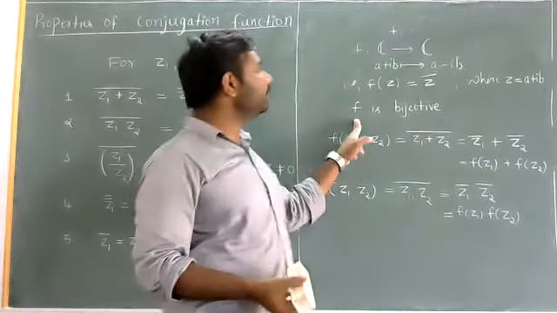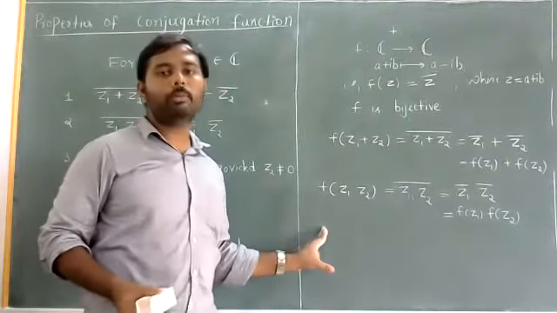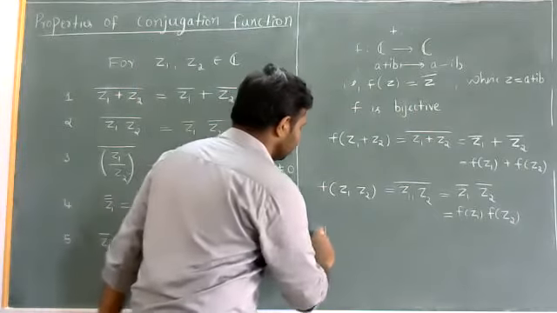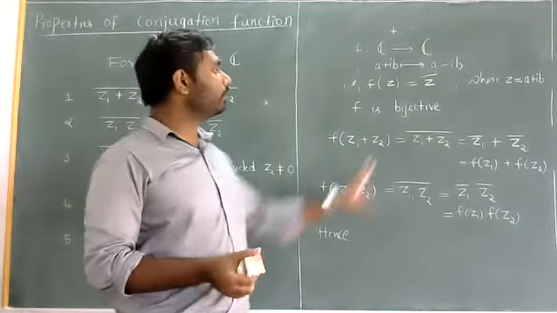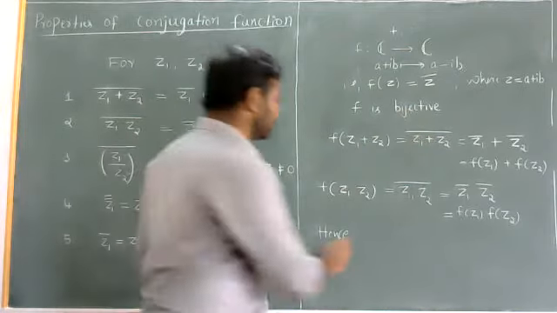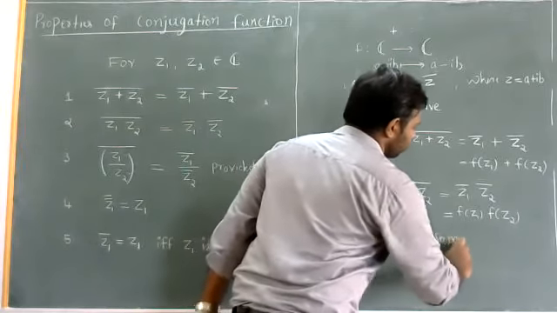Hence, f is a bijective function which is also a homomorphism. So what do we call such a function? A bijective homomorphism is an isomorphism.